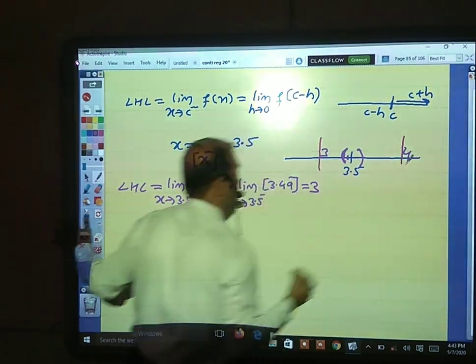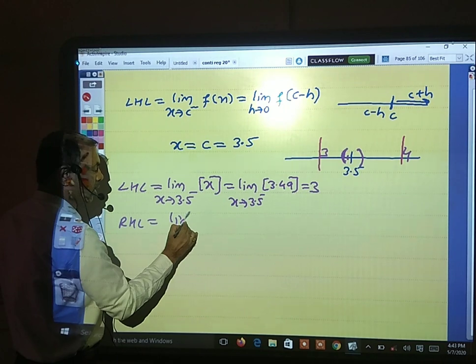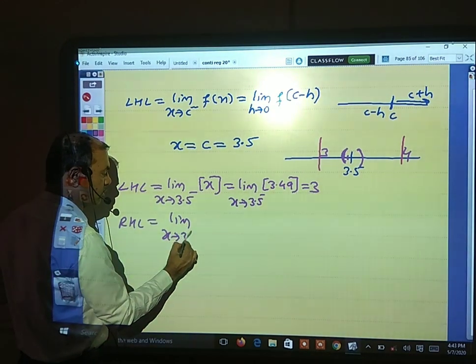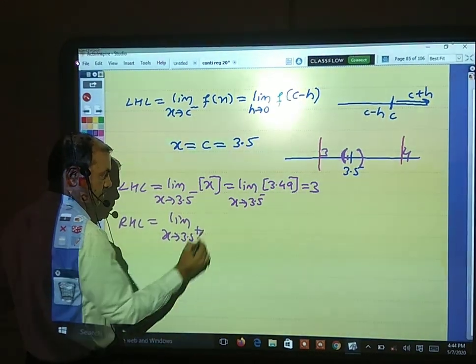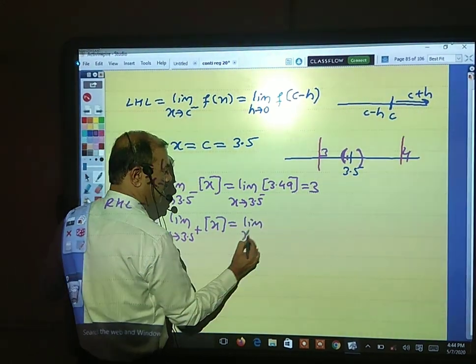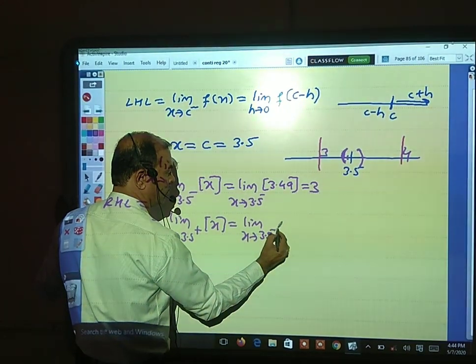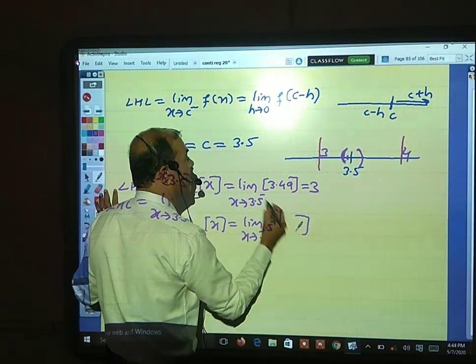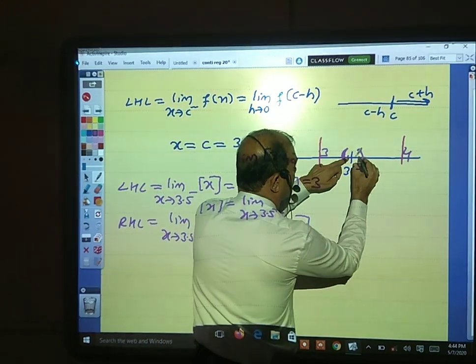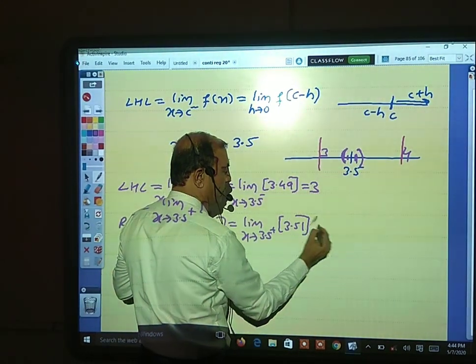Okay. Now if we take the right hand limit, limit x tends to 3.5 plus of greatest integer x, slightly greater than 3.5, say 3.51.